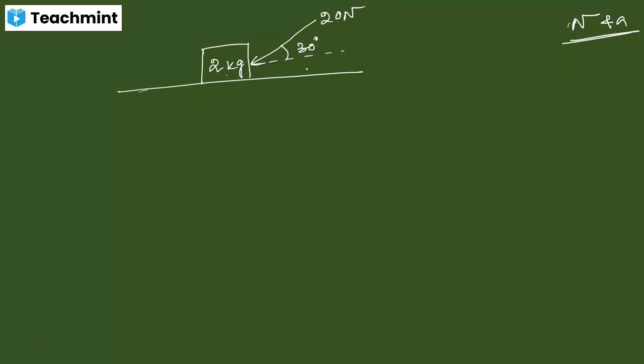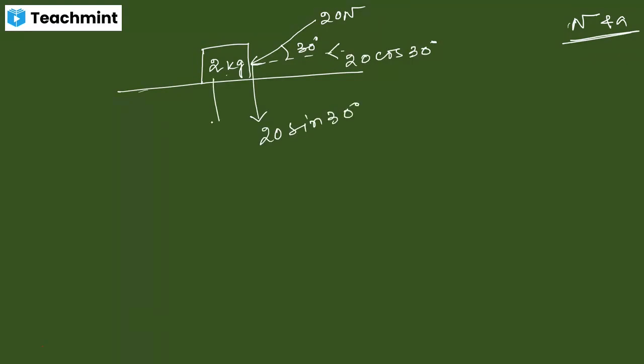Whenever you are applying some push force, obviously it will have two components. One is the horizontal component of the force, acting in that direction. It is equal to 20 cos 30 degrees, and one component in the vertically downward direction has the value 20 sin 30 degrees.